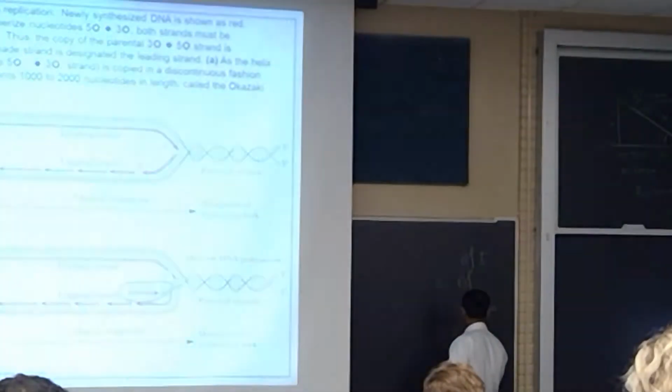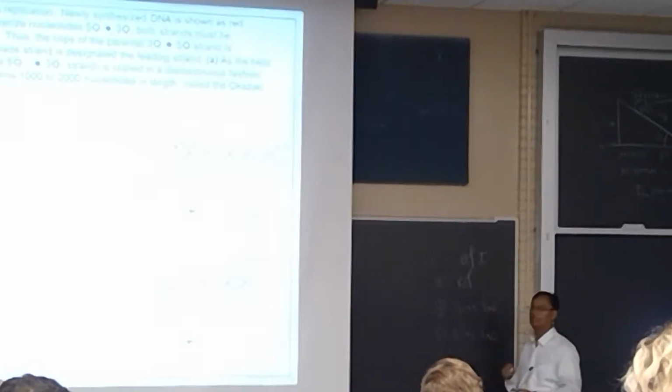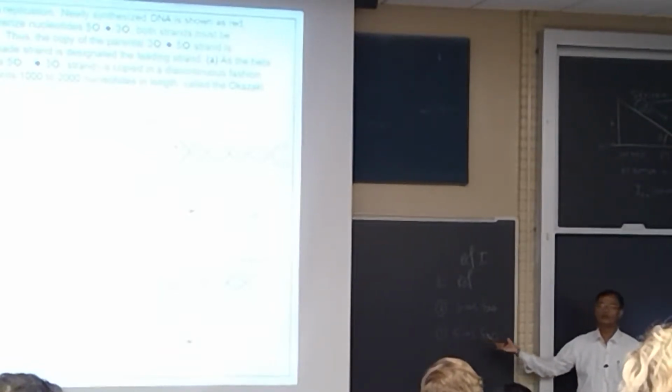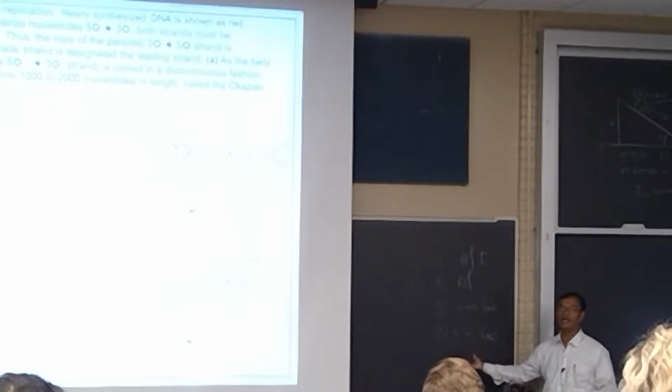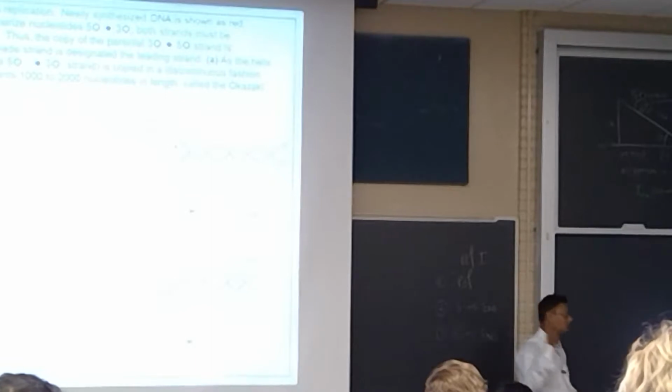Proofreading, correct? And you have another activity, 5' to 3' exo, which we just discussed. What is the function? Removal of the RNA primer. It's removal of the RNA primer from the Okazaki fragment, correct? So these are the 3 different activities it has.